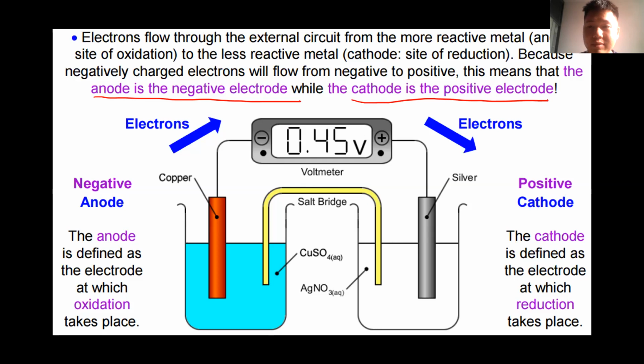But one statement remains the same: the anode is where oxidation happens and the cathode is where reduction happens. You have to remember this phrase very clearly so that in exams you won't be confused.